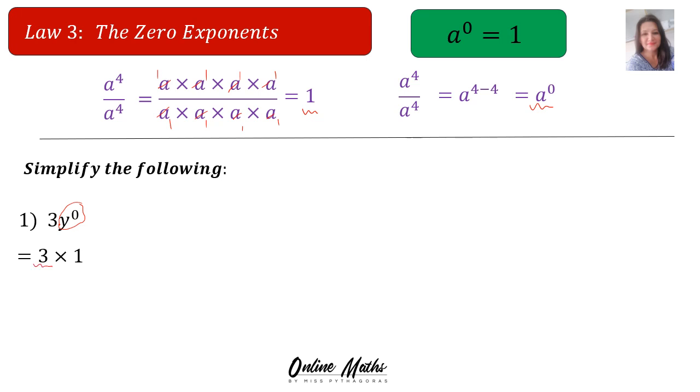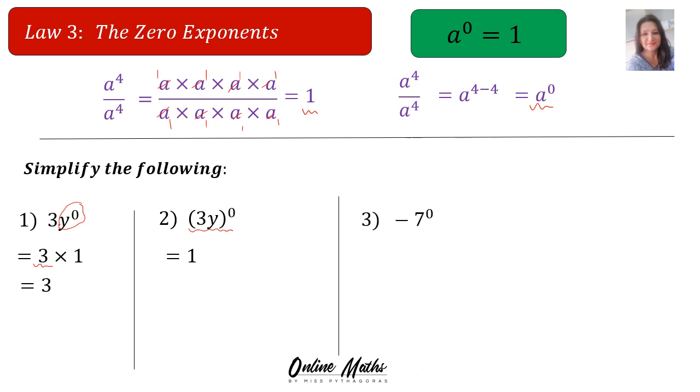So then you will say 3 times 1 is 3. The next example, now it's 3y inside a bracket, the whole thing raised to the power of 0. And now you can say the answer is 1. Everything raised to the power of 0, 1.